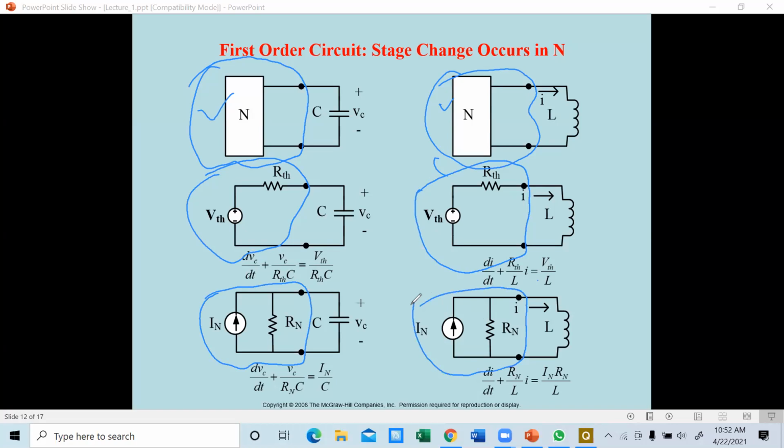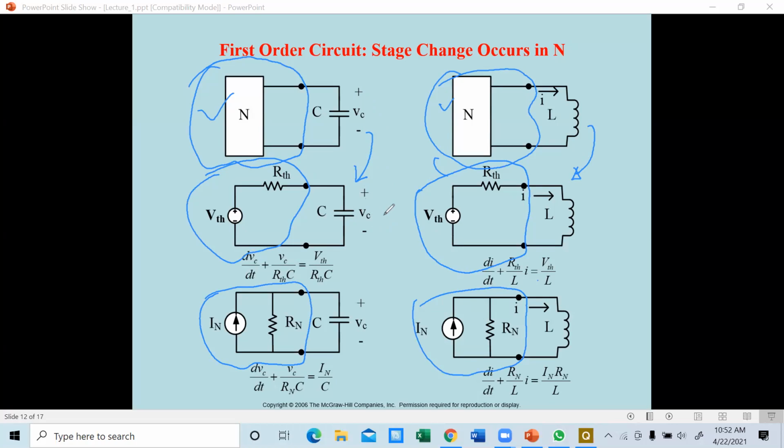Once you have your system transformed into a Thevenin equivalent, you will see that it is a simple network. You cannot imagine a simpler network than this. You will have a resistance, which we call the Thevenin resistance. A voltage will be there, the Thevenin voltage. Then the capacitor that was present in your circuit is there.